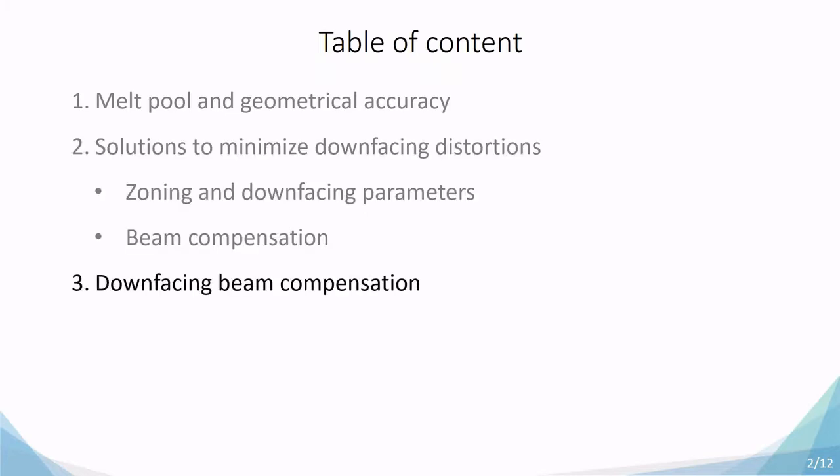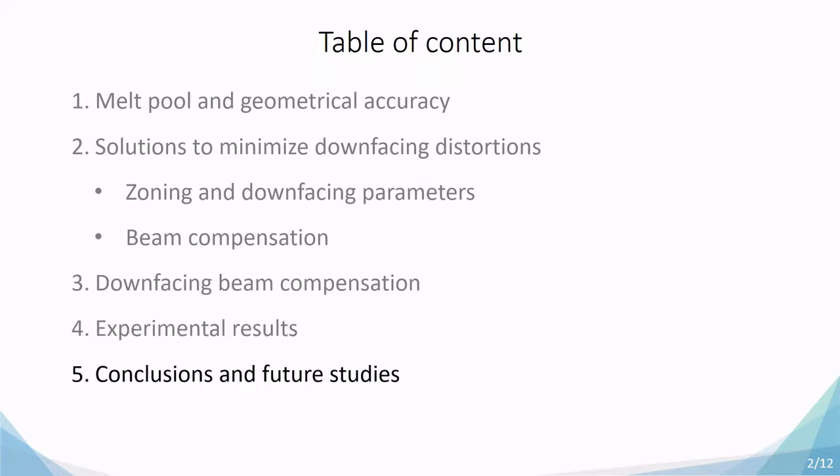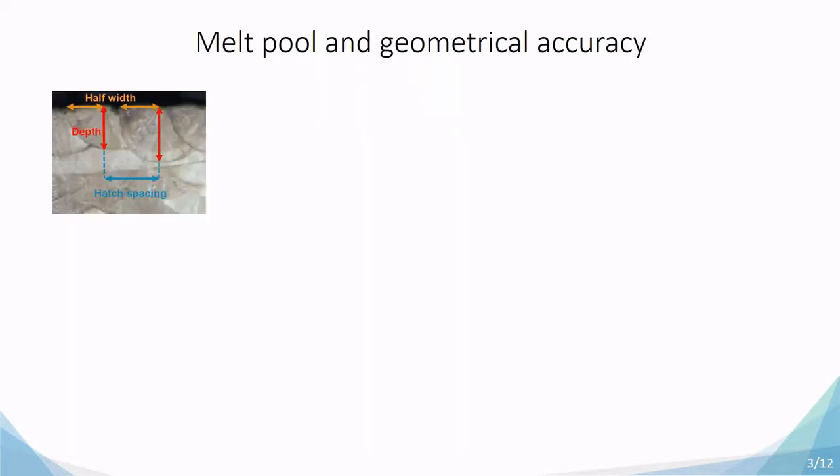Then I will show the experimental setup that we use to develop these offsets, and the experimental results in a complex geometry. And finally, I will end with the conclusions and the future studies.